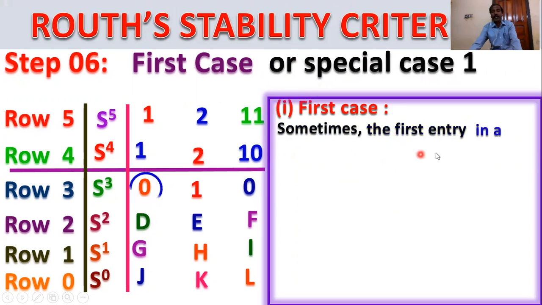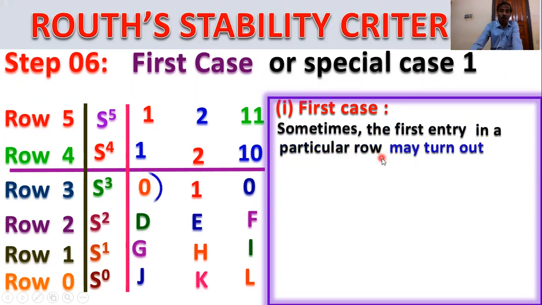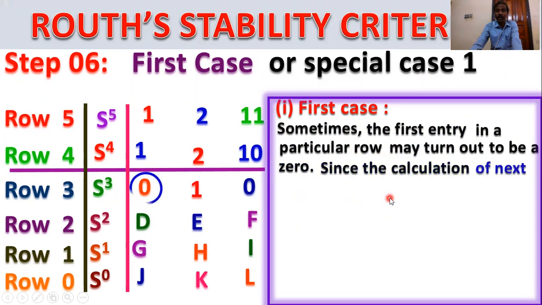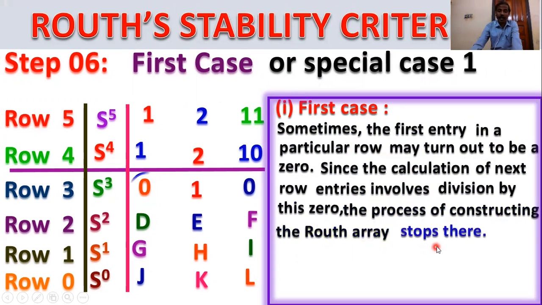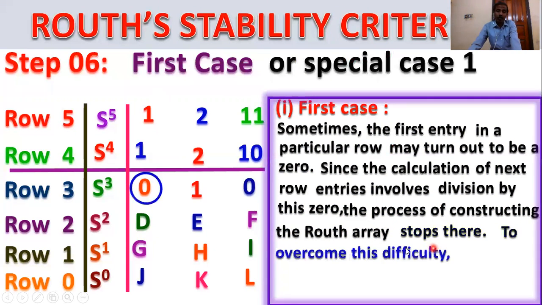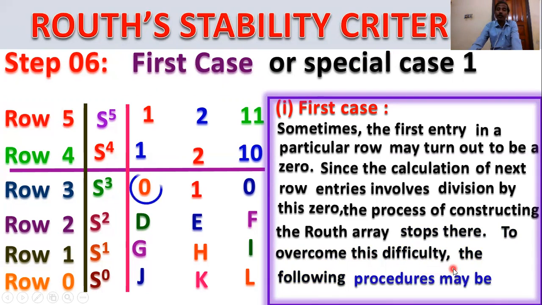Sometimes the first entry in a particular row may turn out to be 0. In this position, third row, first element is 0. Since the calculation of the next row's entries involves division by this zero, the process of constructing the Routh array stops there. To overcome this difficulty, the following procedure may be adopted.